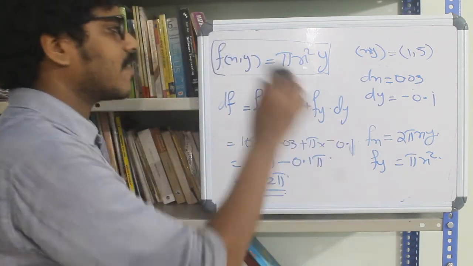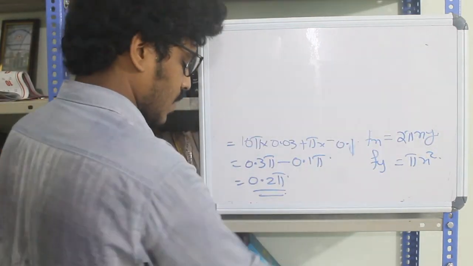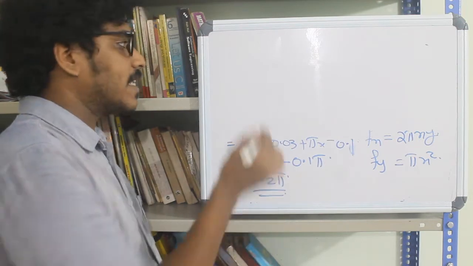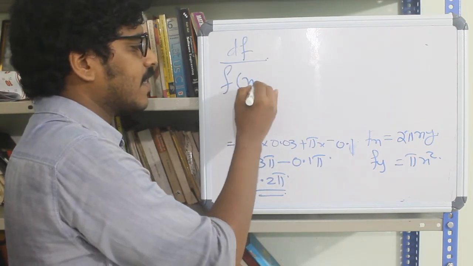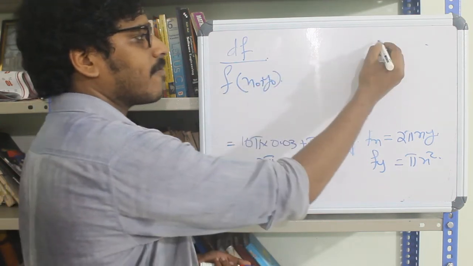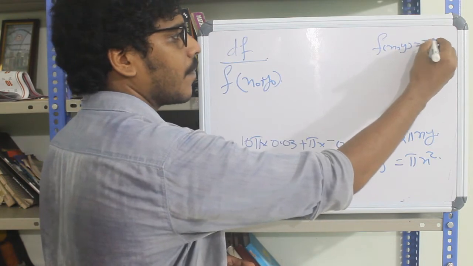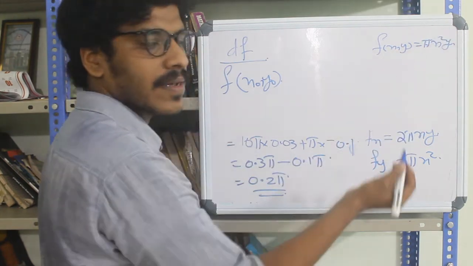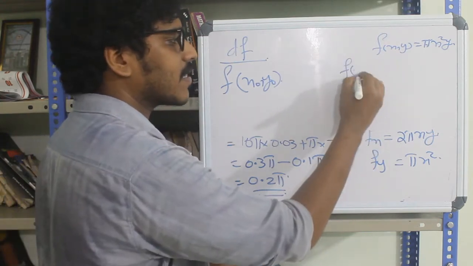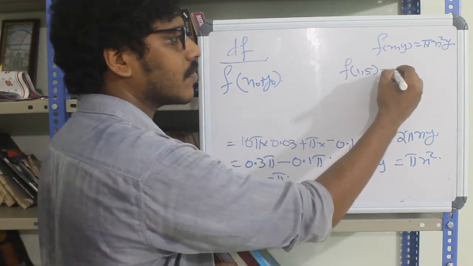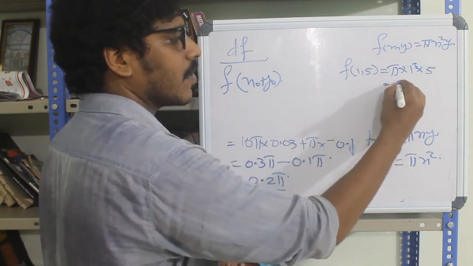Now let's find the value of relative change. So what was the formula for relative change? The approximation formula: df by f at (x0, y0). f(x, y) was pi x squared y. At (1, 5), which was our (x0, y0) in this case, f of (1, 5) is equal to pi into 1 squared into 5, which will be 5 pi.